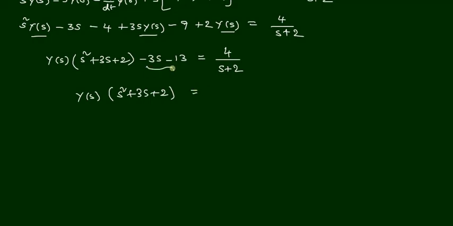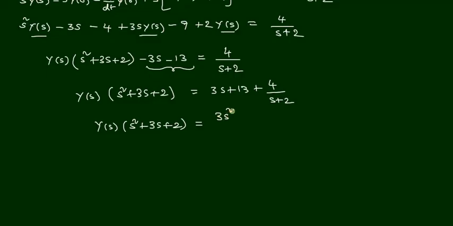We shift these two terms to the right side, so this becomes 3s plus 13 plus 4 by s plus 2. Y of s into s square plus 3s plus 2 equals, after simplification, 3s square plus 19s plus 30 divided by s plus 2.